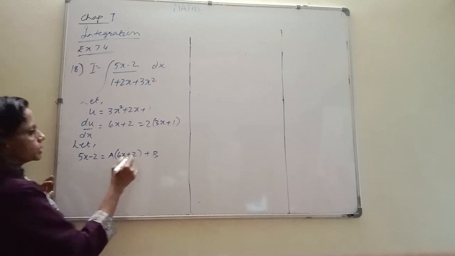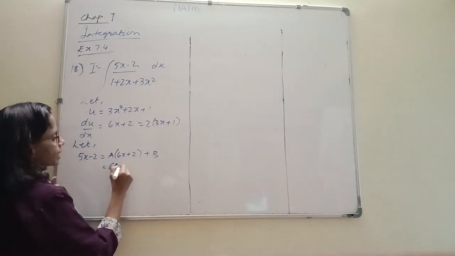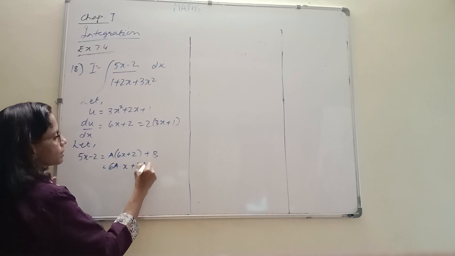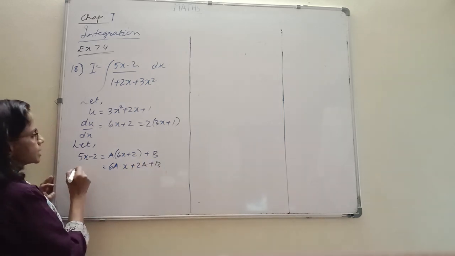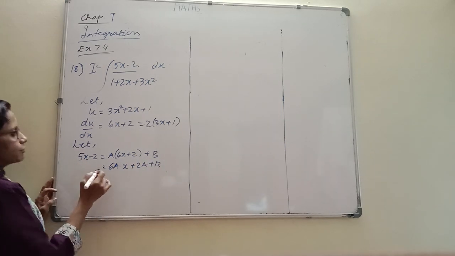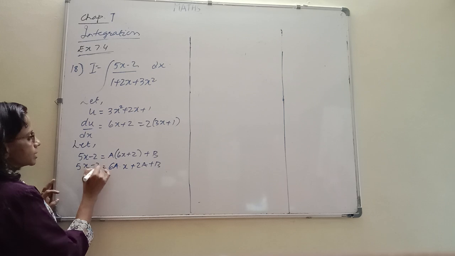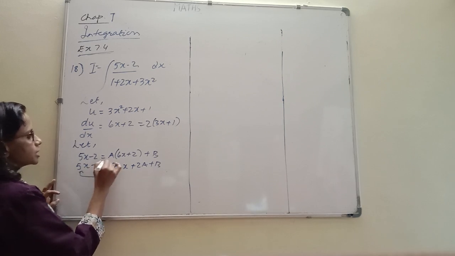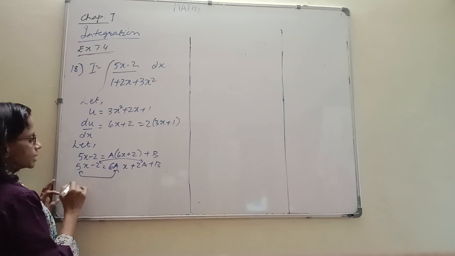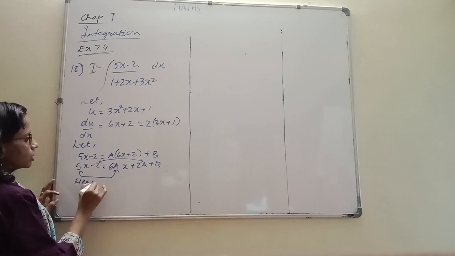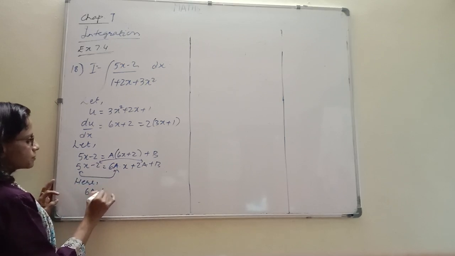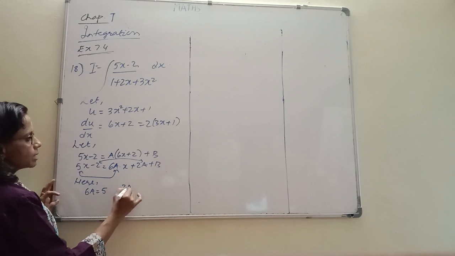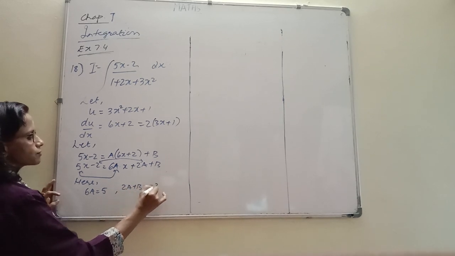When we open this up, it will be 6ax plus 2a plus b. So this is easily correspondable. The x term you can correspond with this, and the constant term you can correspond with this. That means 6a becomes 5 and 2a plus b becomes negative 2.